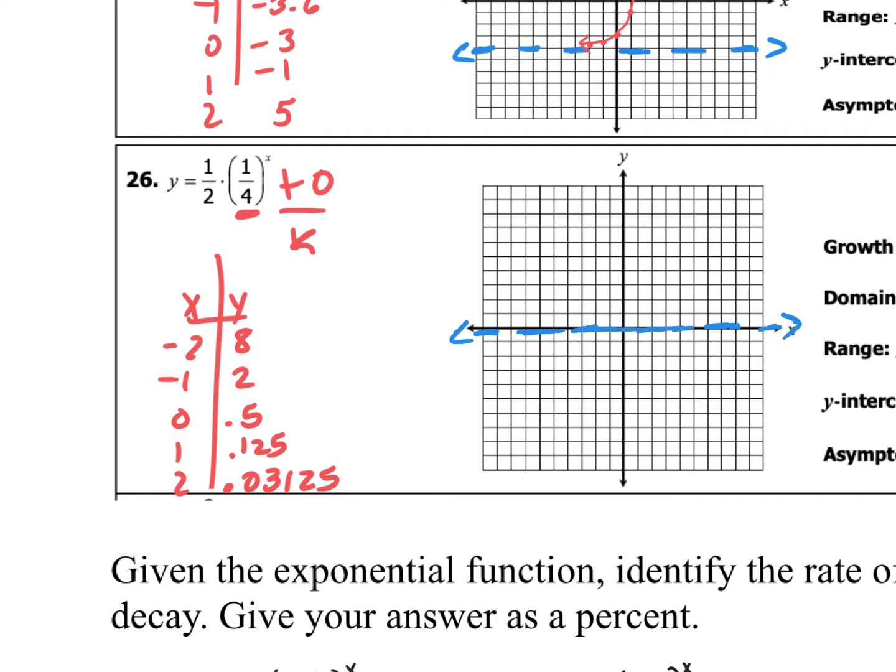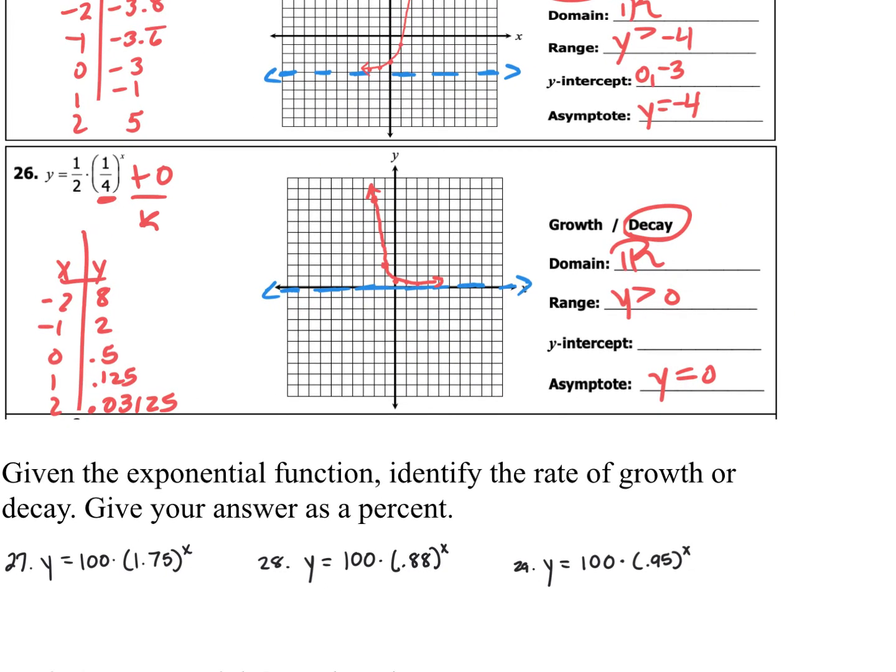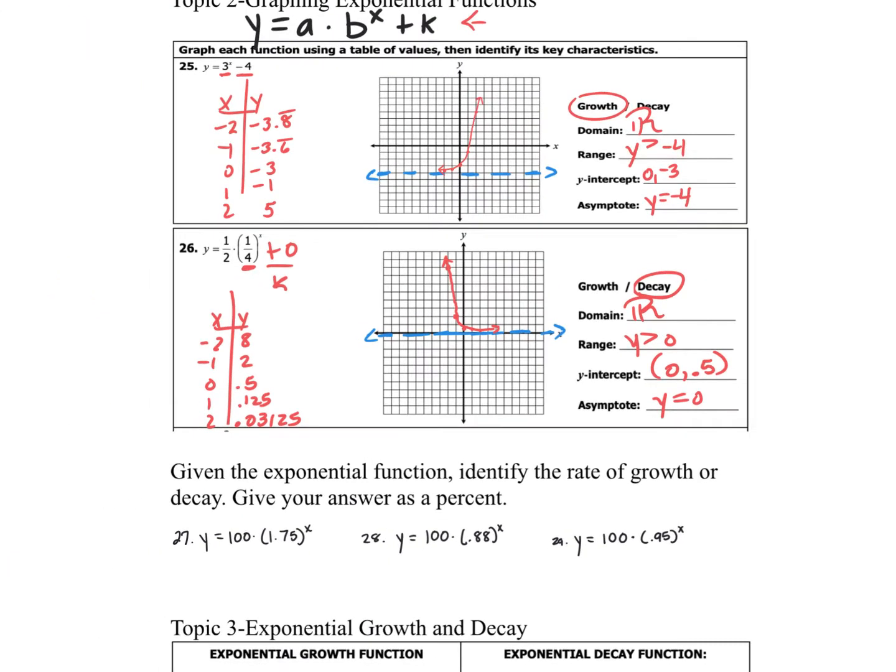Now, negative 2, 8; negative 1, 2; 0.5, and then it's getting smaller. And our y-intercept is at 0.5. All right, that was graphing.